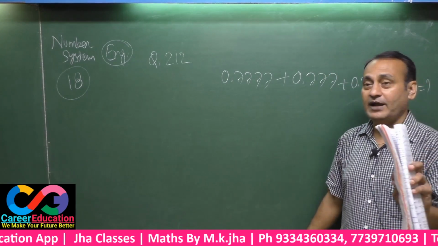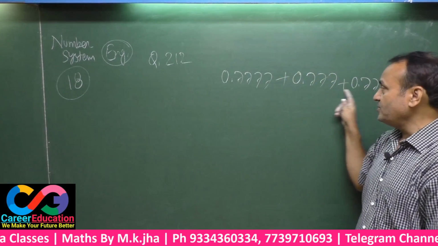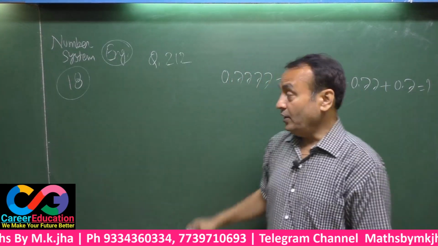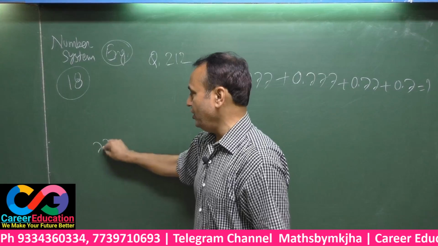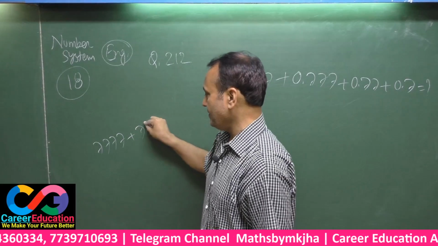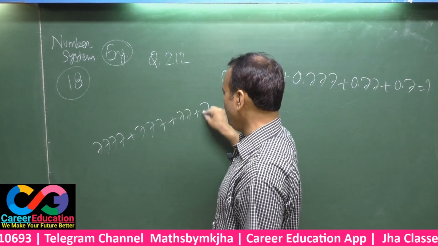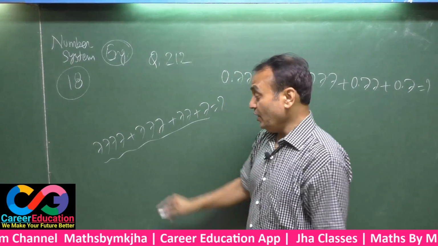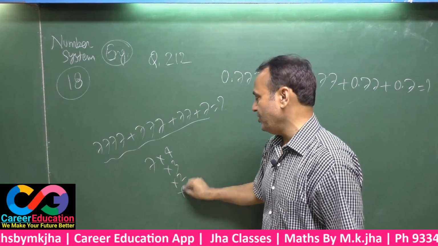Trick must be applied. But see here, there are 2 types of questions: without decimal, one type, and with decimal, the other. Certainly you have gone through the first type. Your system is 7 into 4, 7 into 3, 7 into 2, 7 into 1.